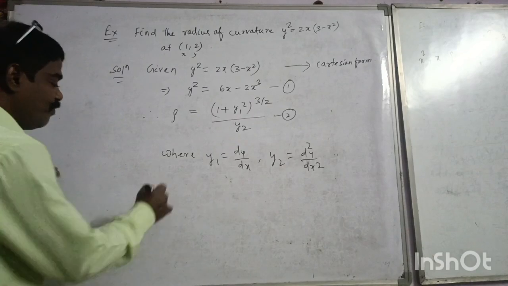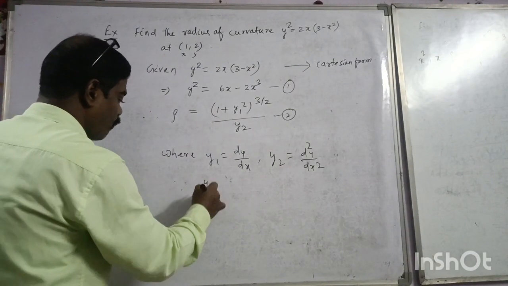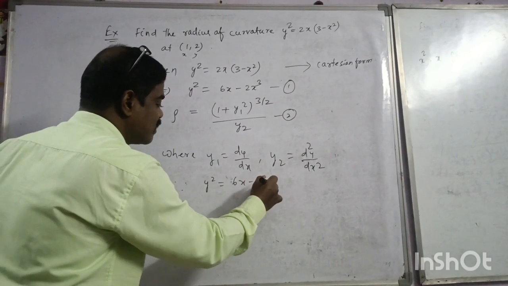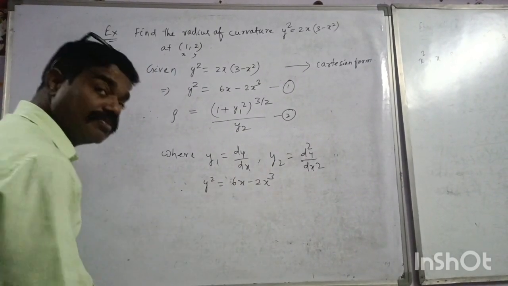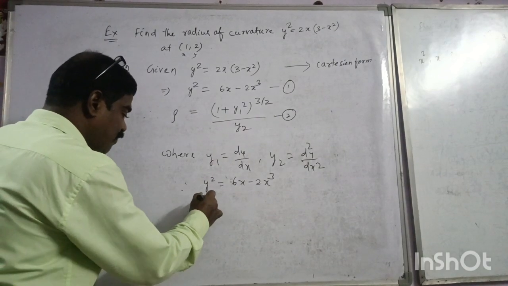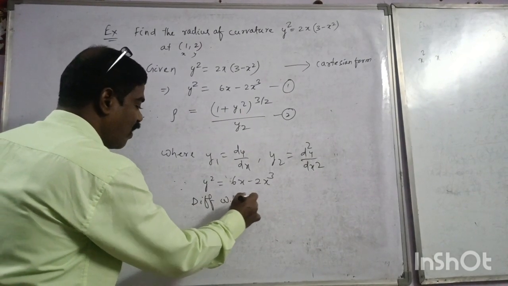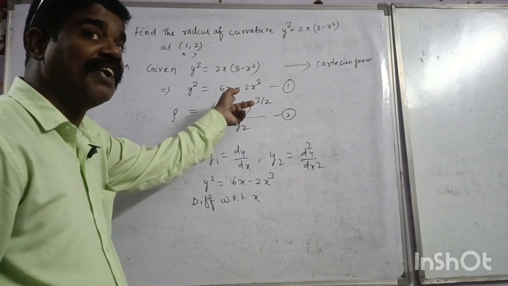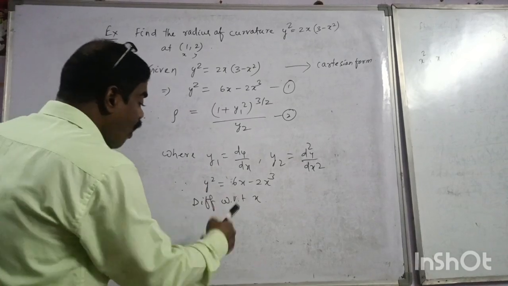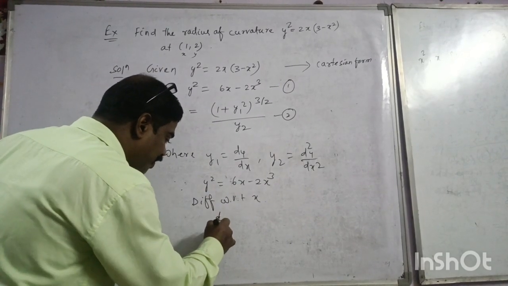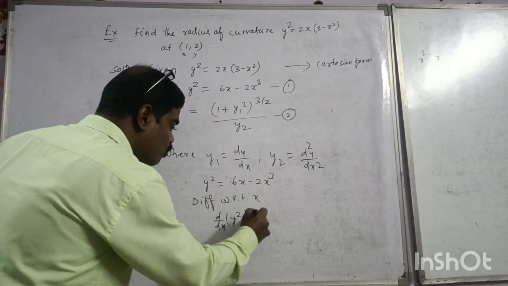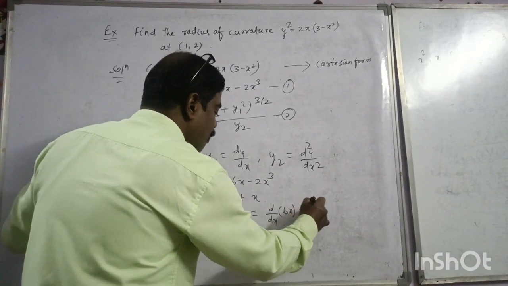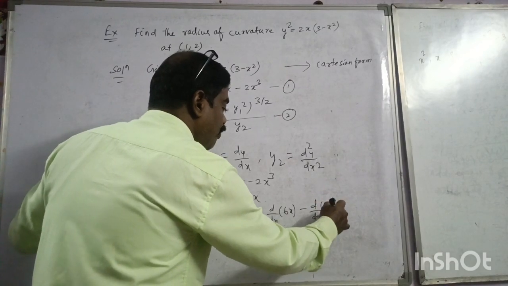See here. Since y square is equal to 6x minus 2x cube, differentiate with respect to what? Who is the independent variable? x. Right or not? Independent variable x. So you write d by dx of y square is equal to d by dx of 6x minus d by dx of 2x cube.